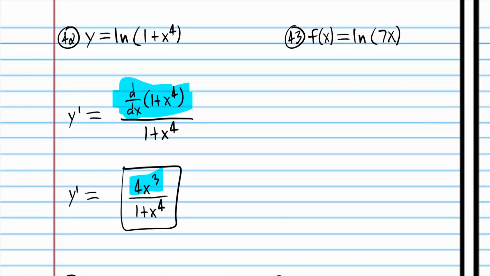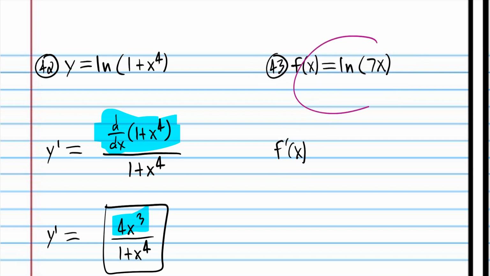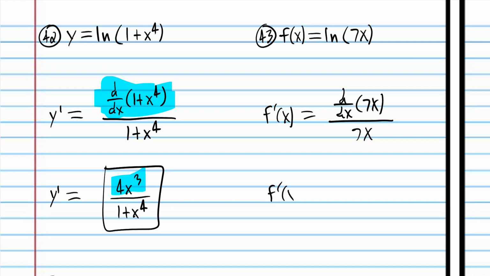So let's try another one. Again, we have a function inside the natural log function. So the derivative of this overall expression is equal to the derivative of the inside function divided by the inside function. It's that easy.